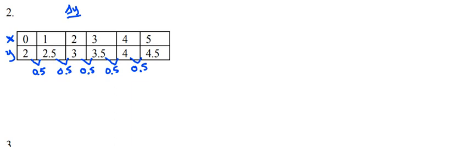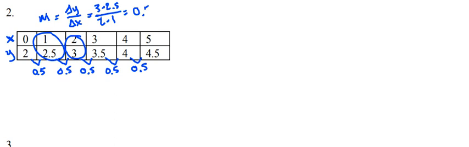Change in y over change in x. That is the slope for a linear function. So for example, if we did 3 minus 2.5 over, what's the change in x? 1. And so this slope is 0.5. All right, well, when we talk polynomials, we talk more about a, b, c, d, e, and even f sometimes, depending on what the function calls for.